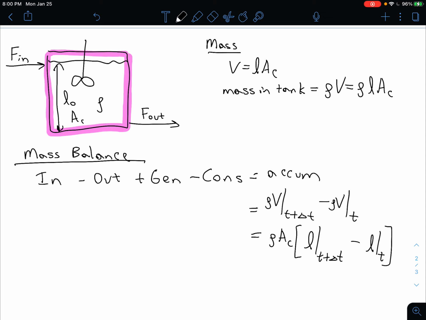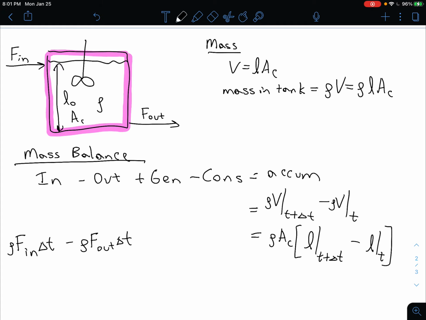So what goes in during the duration delta t? Well, F in is a flow rate. It usually has the units of volume per time. So to get the units right, we need to multiply by the density, that's mass per time. And now if we multiply by delta t, we get mass to match the units on the other side. The output is going to be rho F out delta t.